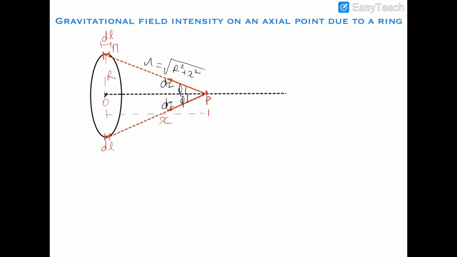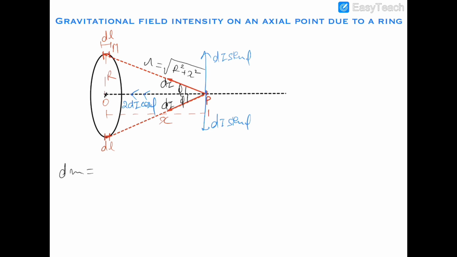So the component of these dI's along the axis is 2 dI cos phi, and this component is dI sin phi, while this one is dI sin phi. So dI sin phi would be cancelling out with each other, and the net gravitational field would be 2 dI cos phi. But first of all, let us write down the value of dm.